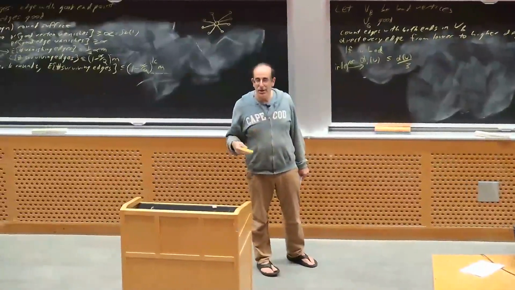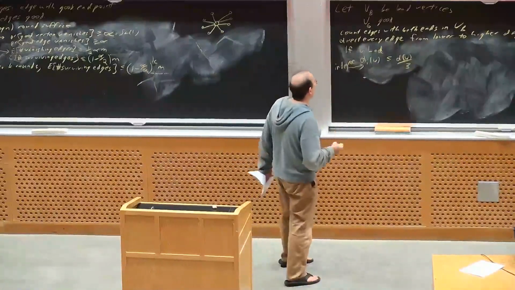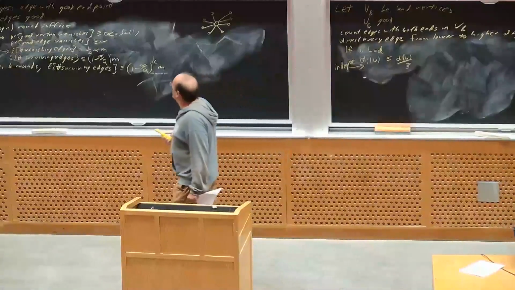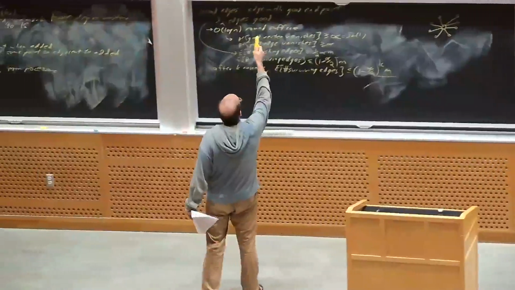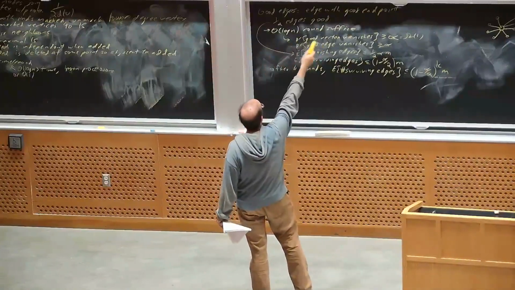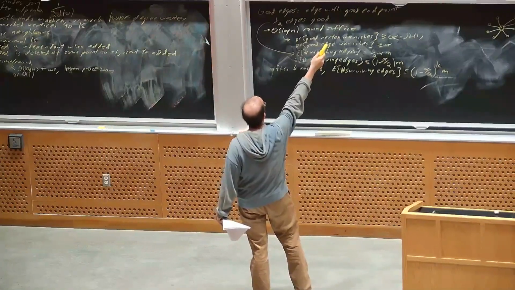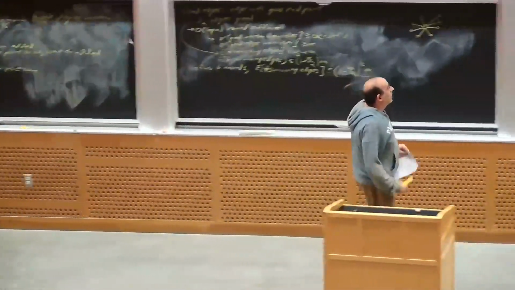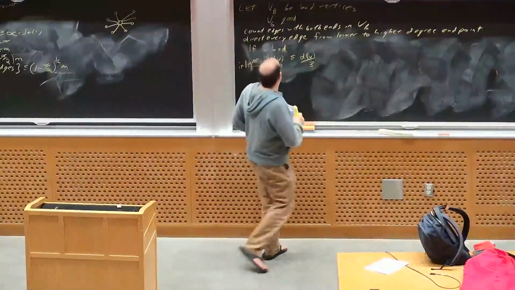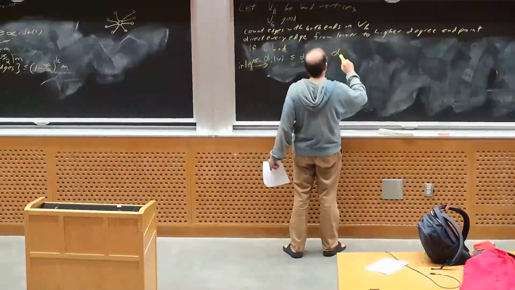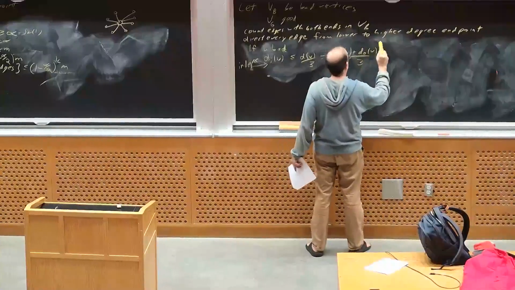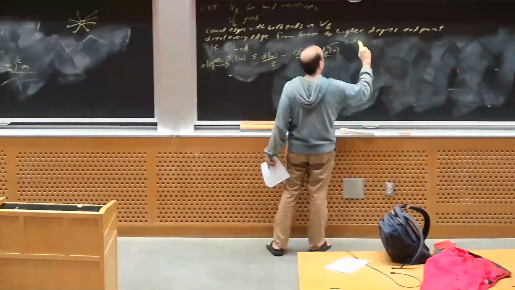A good vertex is one that has many low degree neighbors. So a bad vertex is one where most of its neighbors have higher degree, which means that most of its edges are directed outwards, right? And of course, I can write d of V as di of V plus do of V, where this is the out degree.